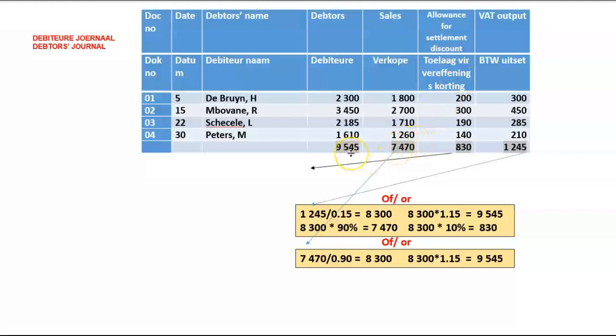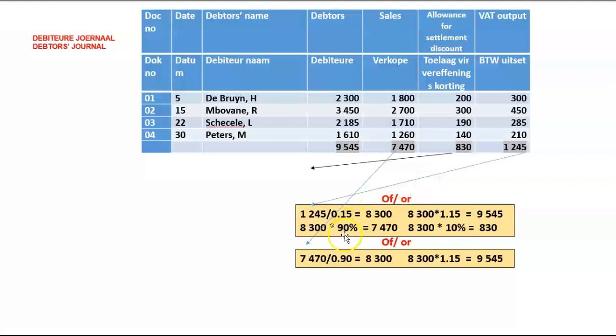Okay. So the story here is to take one figure and work back to another figure. If I give you the 9545, you can work out what was the VAT output on the invoices issued for the month. And if I take the VAT output out, then 90% of the VAT exclusive amount would have been posted to sales, and 10% of the VAT exclusive amount would have been posted to the allowance for settlement discount.